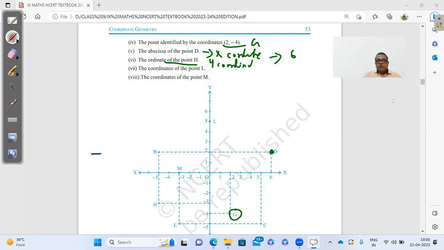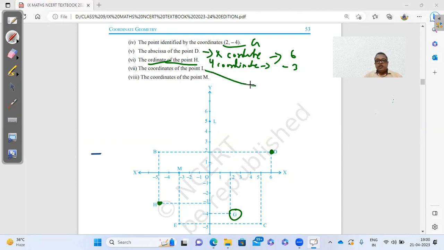So H is here. X value is -5, Y is -3. So ordinate of H is -3.